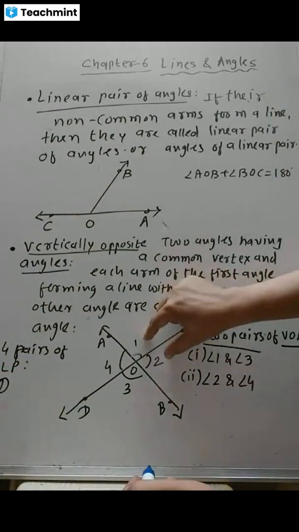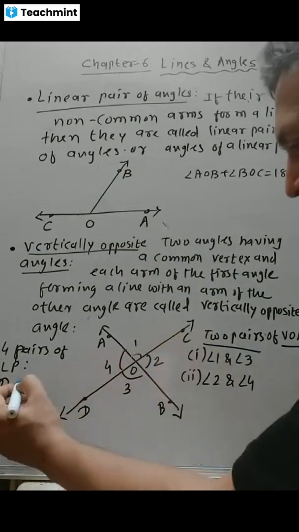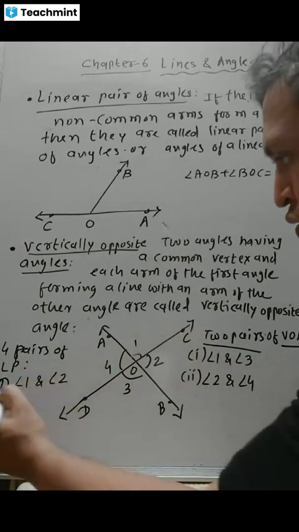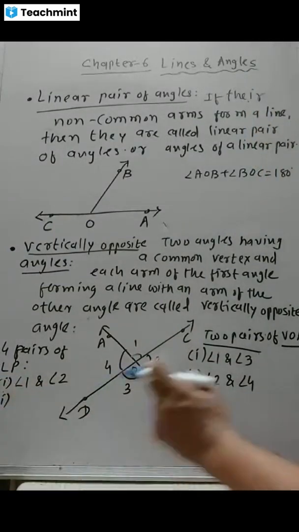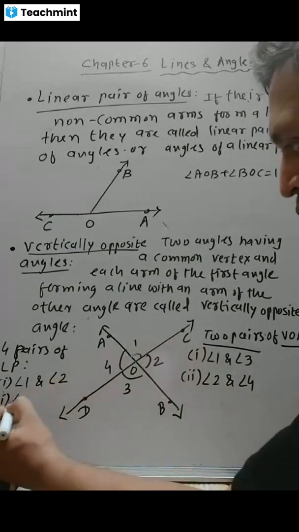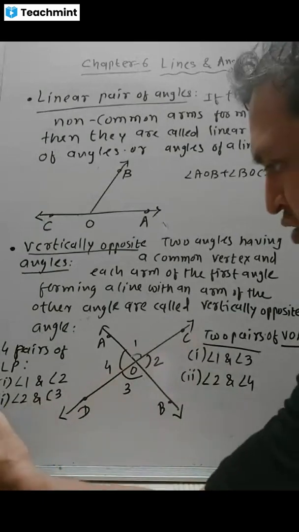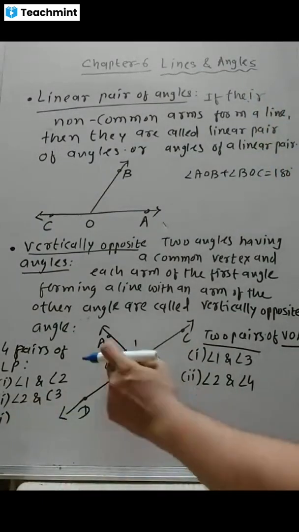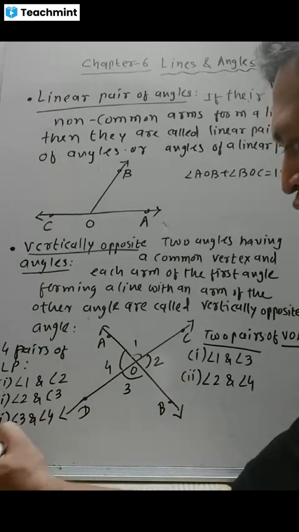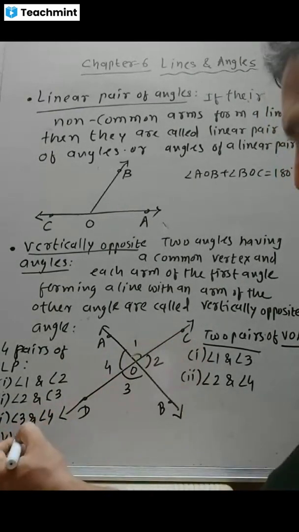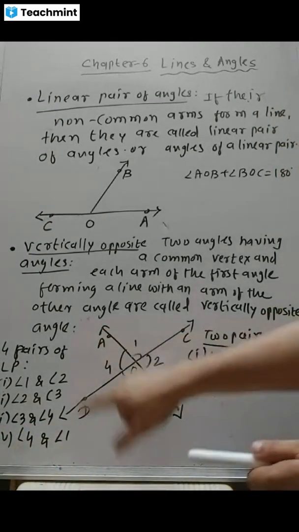Angle 1 and angle 2, its sum is 180 degrees, that is the first pair. Second pair is angle 2 and angle 3. Adjacent angles are compulsory and both are in opposite directions. Third pair is angle 3 and angle 4, and fourth is angle 4 and angle 1.